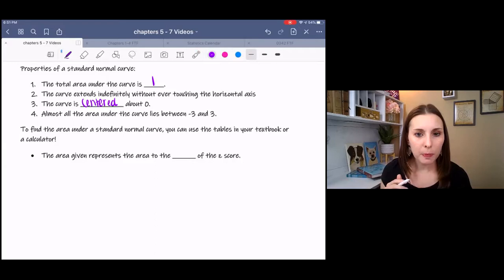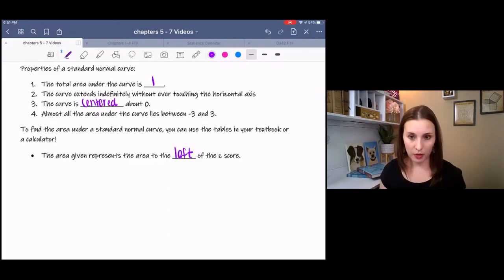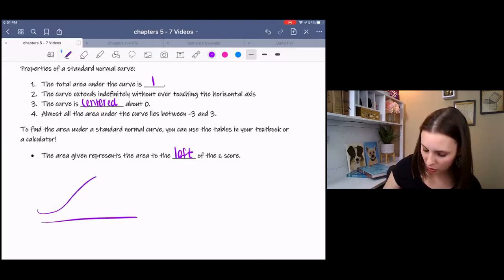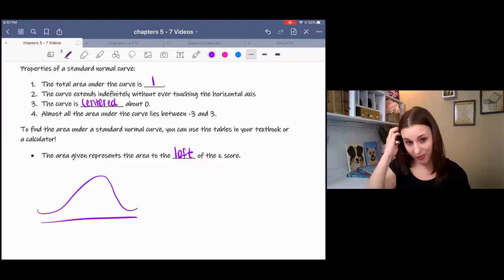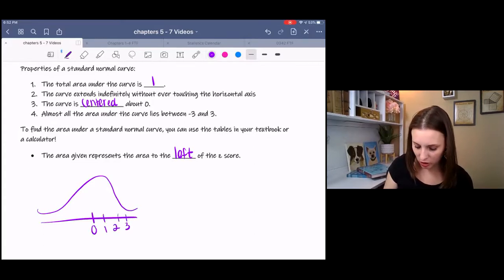So the area given represents the area to the left of the Z-score, and we talked about that on the previous page. So anytime we're talking about area from a table or area that was given from your calculator, we are showing the area to the left of the Z-score. And remember, Z-score on a standard normal curve, that's really bad, but it's actually kind of skewed, but it's okay. It has a mean of 0, and then we have these standard deviations.